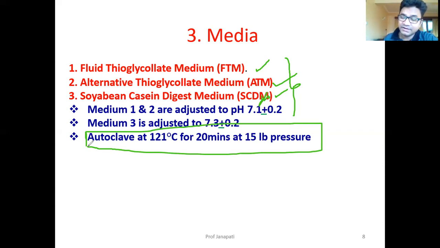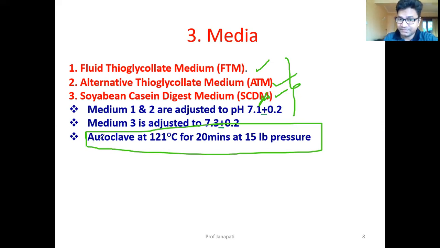If you sterilize by hot air oven, your medium will dry out and be smashed. If you sterilize the medium by filtration, it cannot be done properly, as some of the nutrients can stay back. If you sterilize by radiation, nutrients may go down. So the best method of sterilization of the medium is autoclave, that is moist heat sterilization.